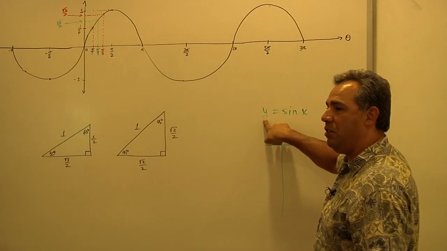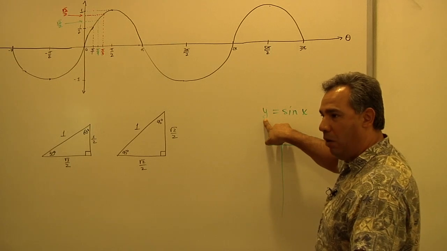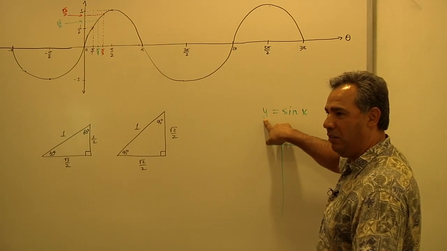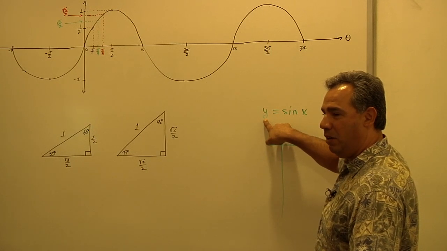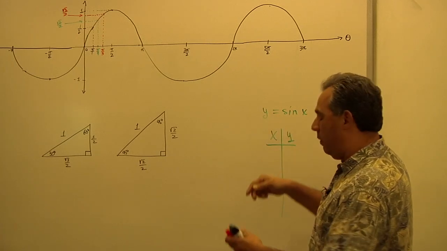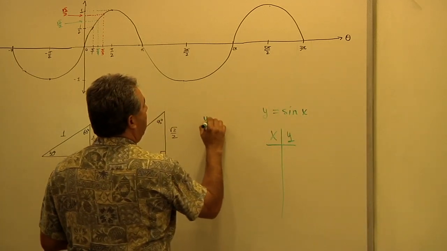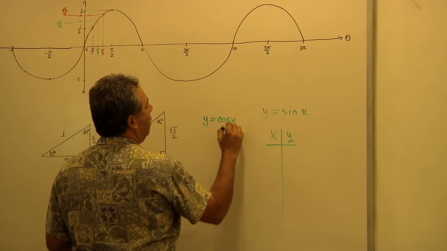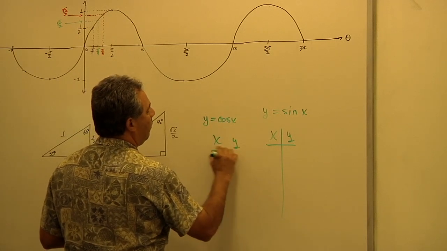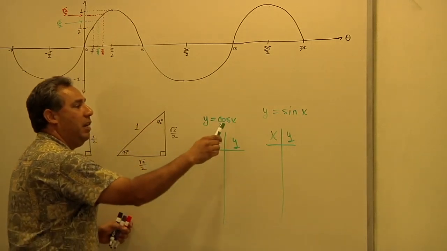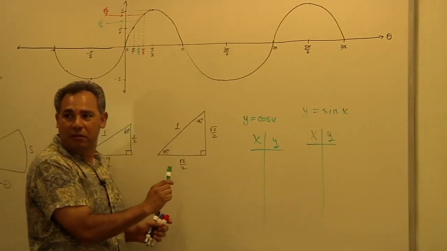And y represents a numeric value between negative 1 and 1, right? Similarly, if you were graphing y equals cosine of x, which we're going to do next, you have to understand x represents an angle, right?